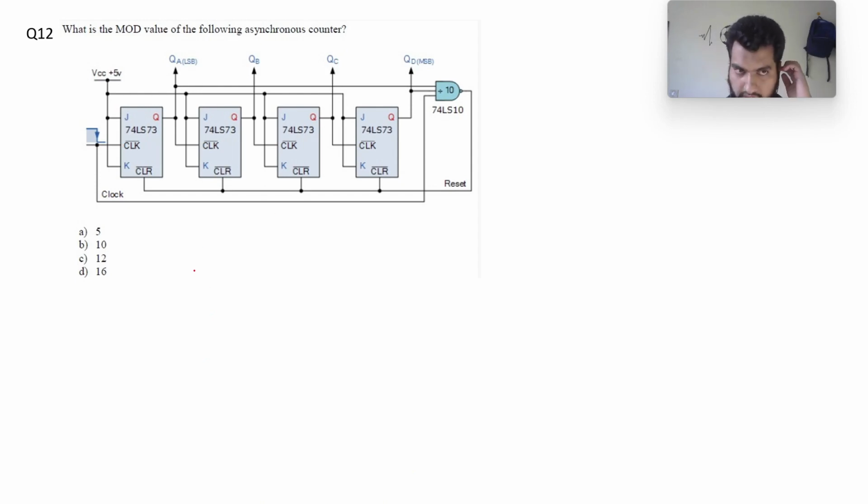So we can draw here a clock. This will be the clock, this is QA, this is QB, this is QC.